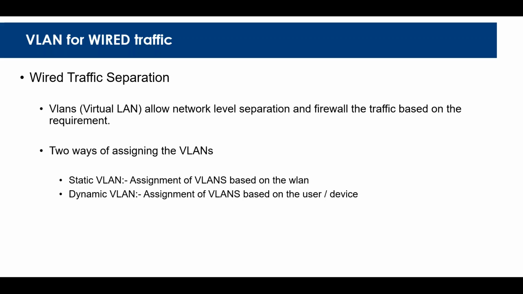In the previous example, the guest traffic can be mapped to a particular VLAN and you can do the policing on that VLAN. In the case of dynamic VLAN, each user can be assigned to a different VLAN based on the user policy or roles. So here you have the flexibility of putting different users into different VLANs.